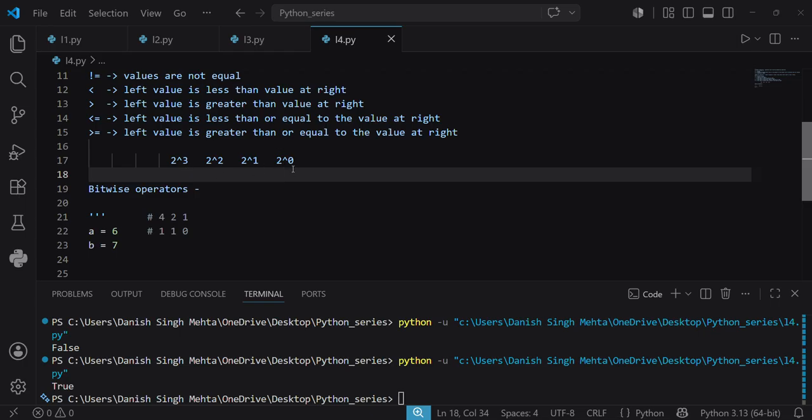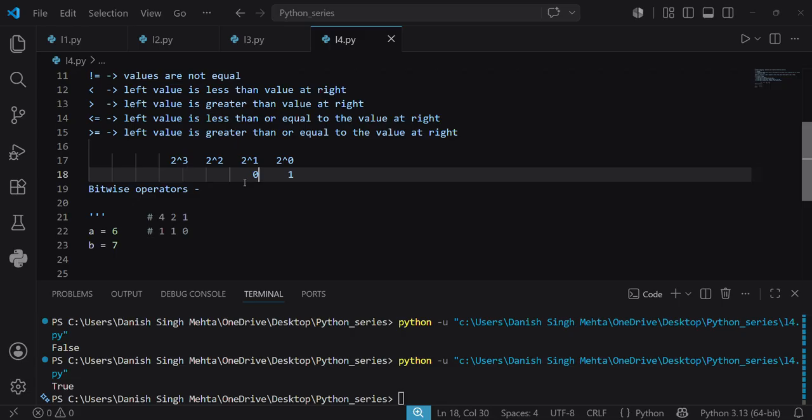So here I have seen that 2 to the power 0 is 1 and I also want 1, so I put 1 here. I got 1, but here 2 to the power 1 is 2. I don't want 2, I want only 1. So I will put 0 here.